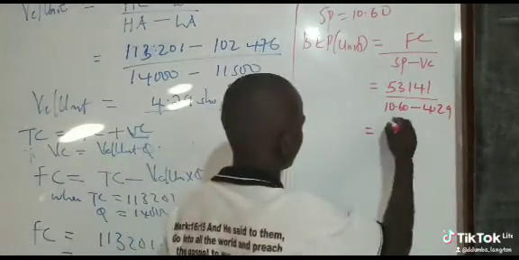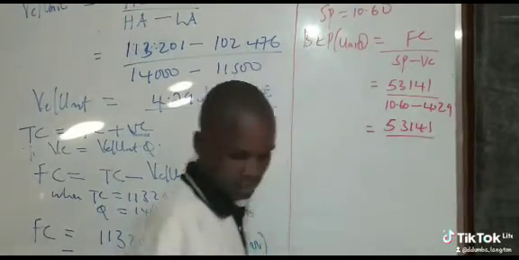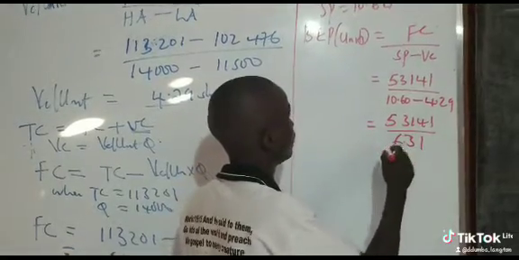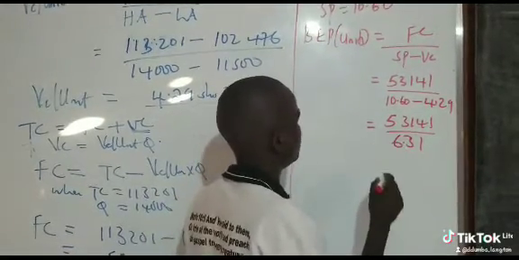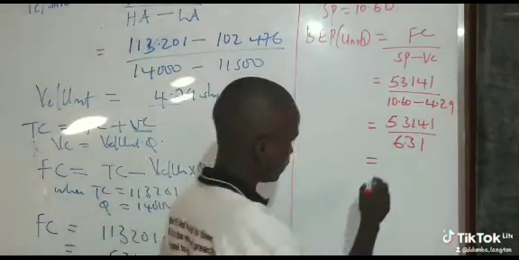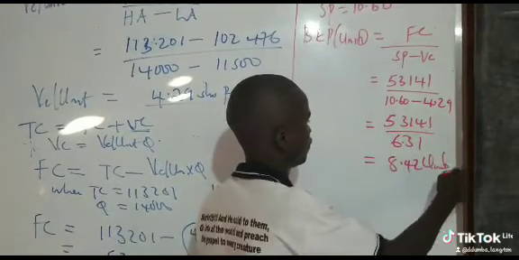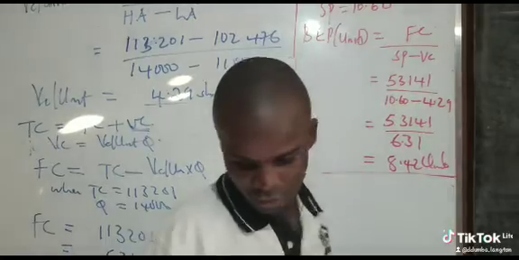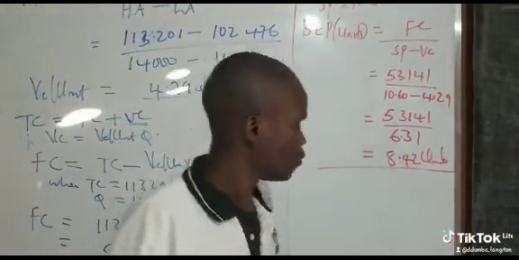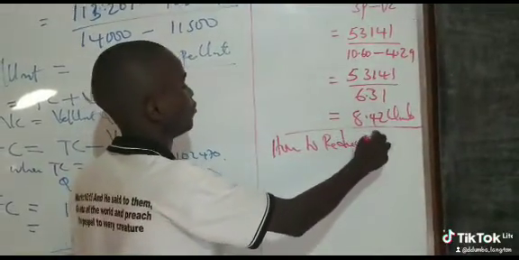You will end up getting 53,141 divided by this minus this, which is 6.31. So therefore the BEP in units, the final answer, is 8.42 units. So the break-even point in terms of units is 8.42 units.